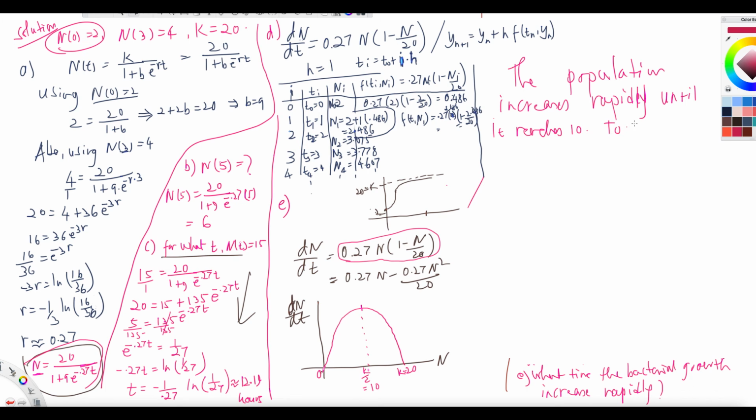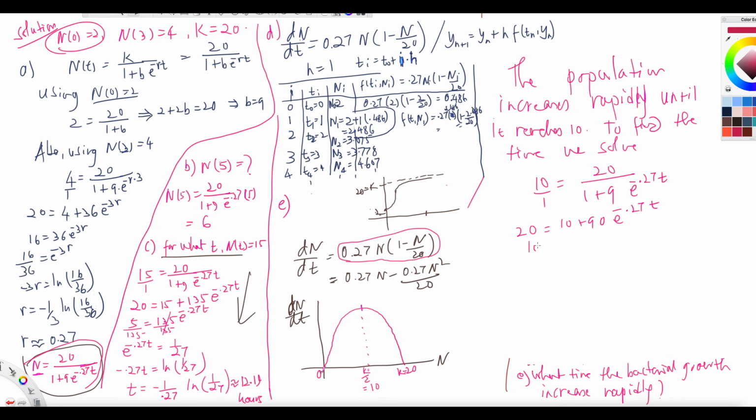To find for how long it increases rapidly, which is what the question is asking, we do like we did in question C. We solve 10 equals 20 over (1 plus 9e^(-0.27t)). Again, cross multiplication gives 20 equals 10 plus 90e^(-0.27t).